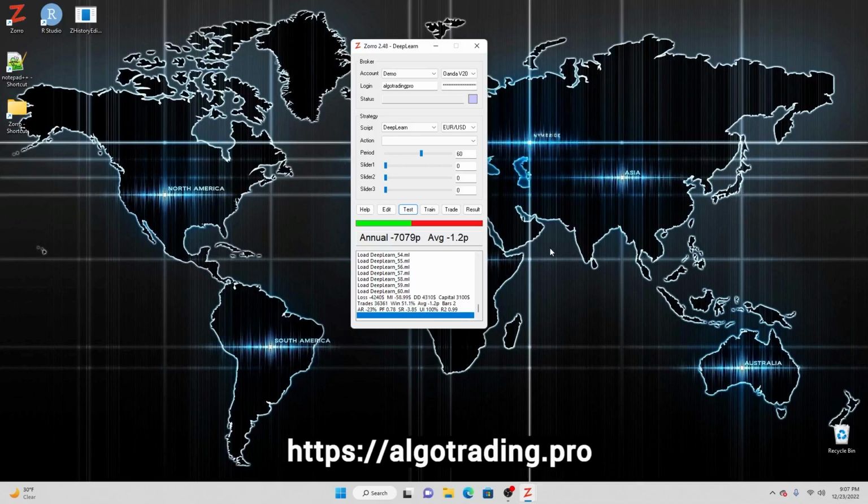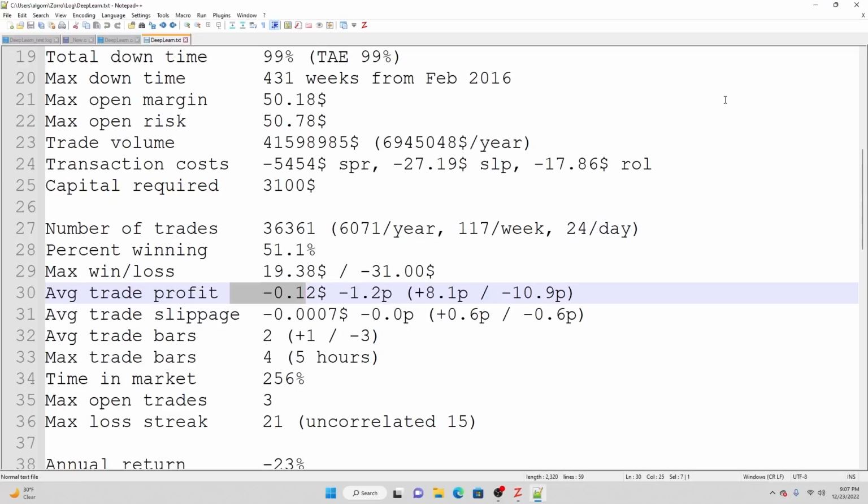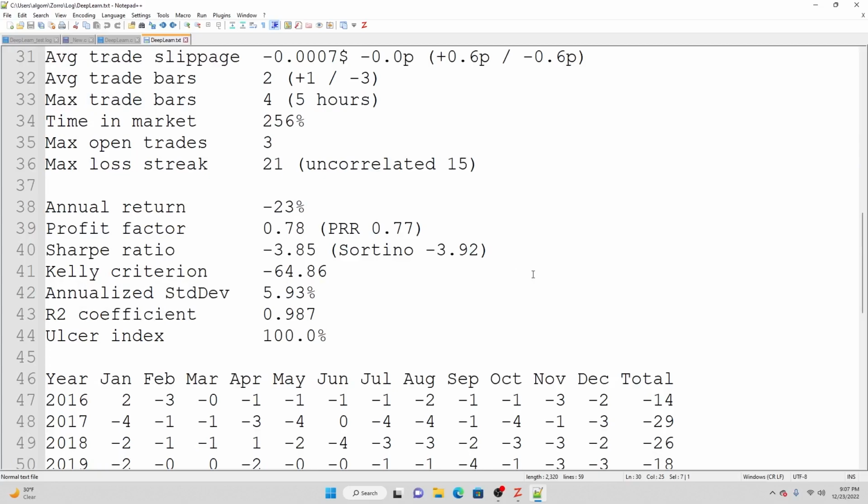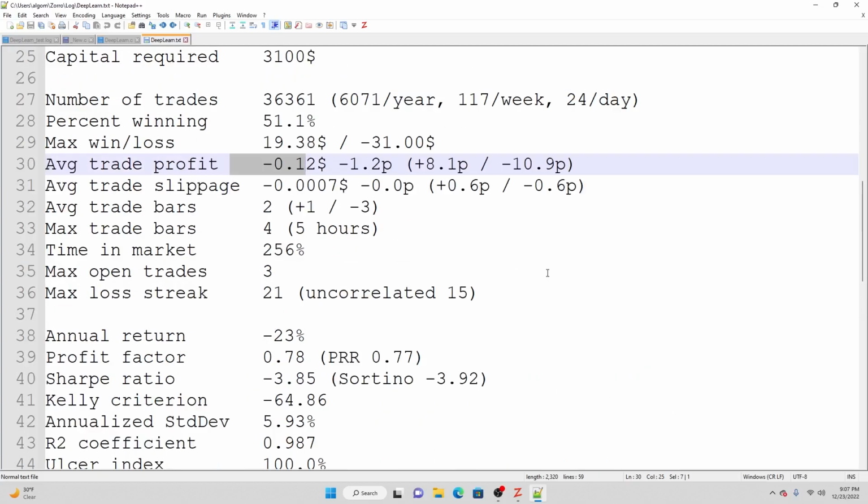So again, although the network predicts things correctly, we are right 57% of the times. The percentage of winning trades here is different because of the slippage and all that stuff, and since now we have slippage, it's lower than 57%.